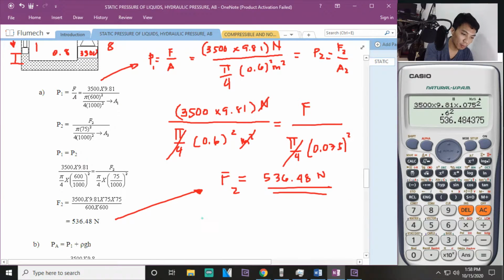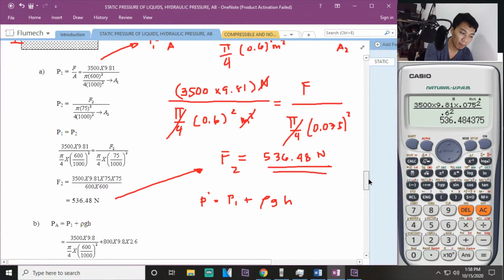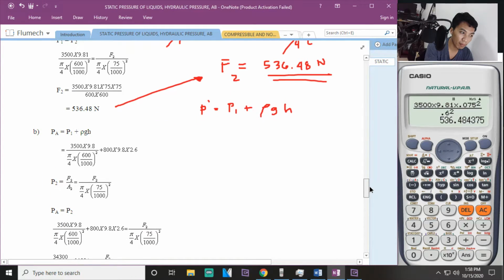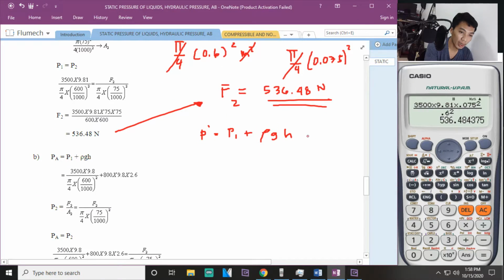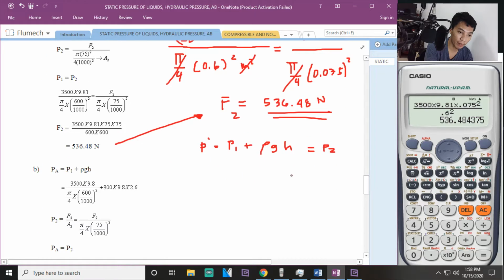B. Yung pressure niya na bumago will be equal to yung pressure 1 plus yung density ng fluid times gravity times the height. Now, since density ang binigay dyan is sa fluid, so alamin natin P1, P2, okay? Equal pa rin naman to sa P2. Hanapin mo yung force required.